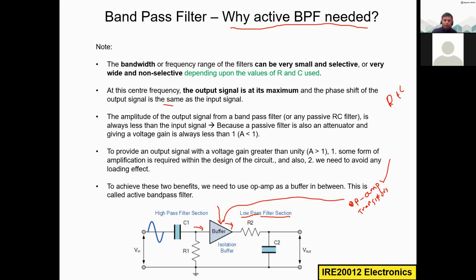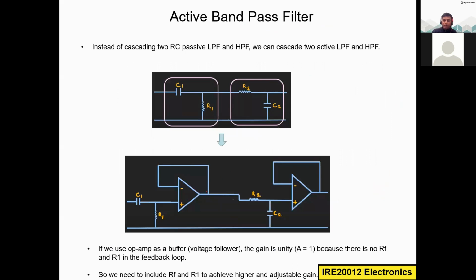When you use the operational amplifier as a buffer, do you remember the circuit configuration of the buffer? The buffer is like this. We have the negative feedback, but we don't have any resistor in the feedback, so you cannot really control the gain of this operational amplifier.